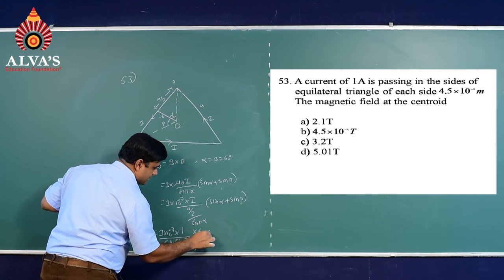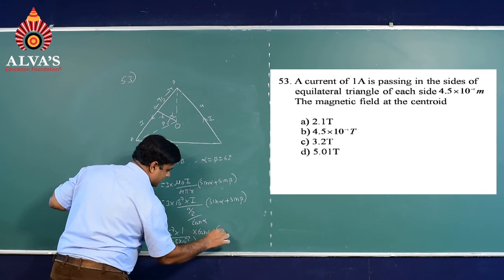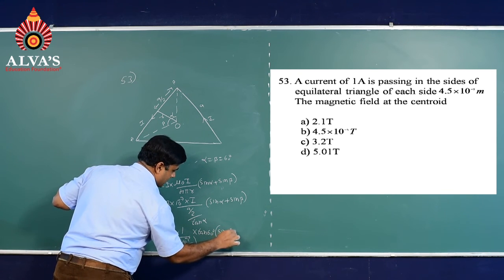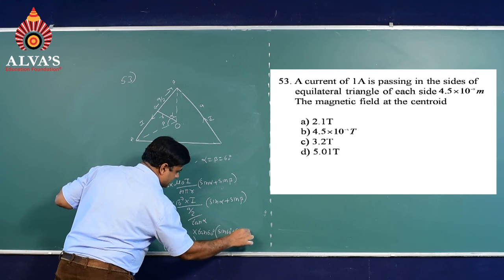Tan alpha is 60 degrees, sin alpha is 60 degrees, sin beta is 60 degrees.